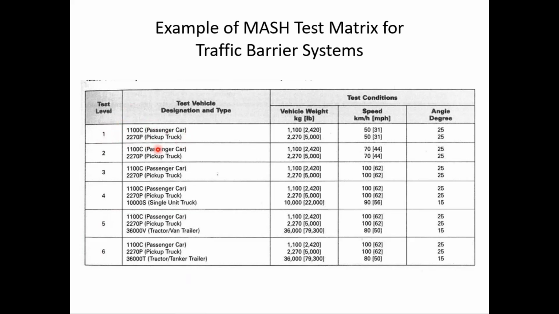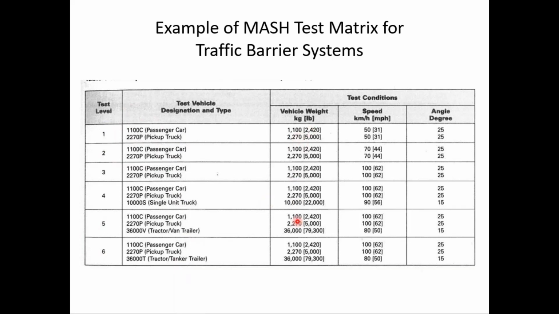Notice that at test level 1, we start out with a small passenger car and pickup truck, and then as we go down to test level 6, we're getting into larger vehicles: single unit trucks, box trucks, then tractor trailers, and here's a tanker tractor trailer in test level 6.